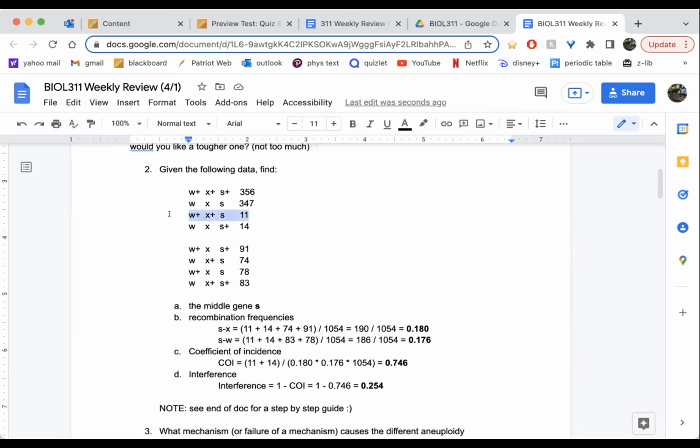We can compare W plus X plus S to our parents, and we can see that it's pretty close to W plus X plus S plus, but not quite. The S is different. And when you do the same thing with WXS plus and compare with WXS, they're the closest, but not quite the same because the S is still different. That difference tells us that the middle gene is S. So S is the only one that differs in both of them, and that's why it's our middle gene.